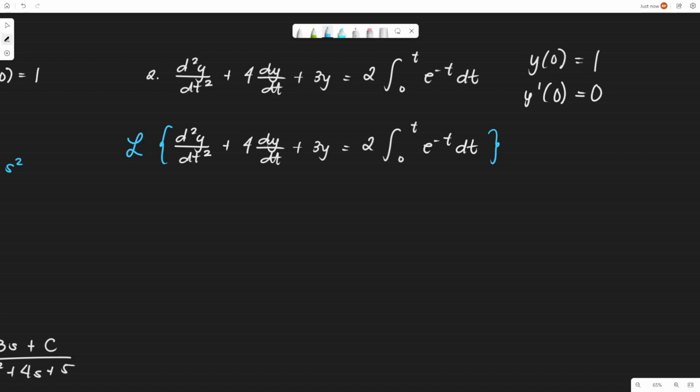So, let's get the Laplace transform. So, we have here s squared y of s minus s y of 0 minus y prime of 0.